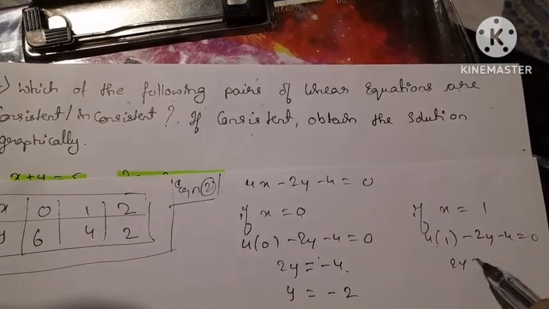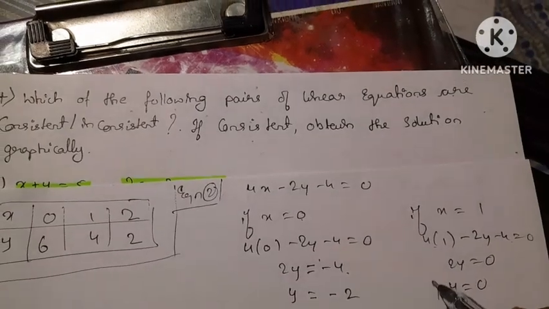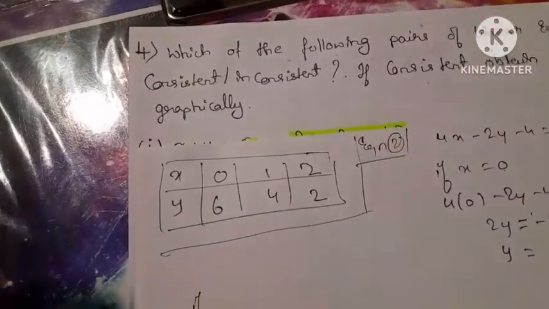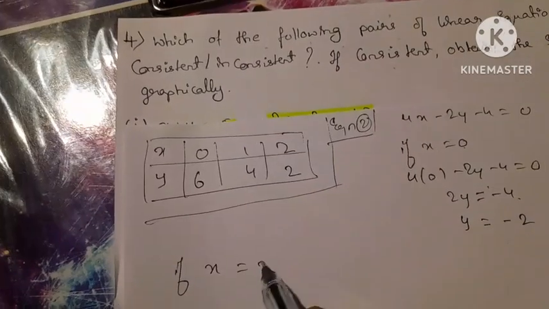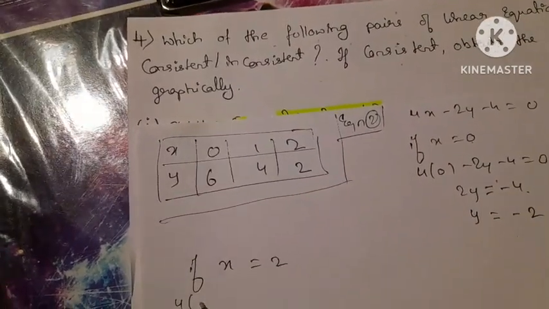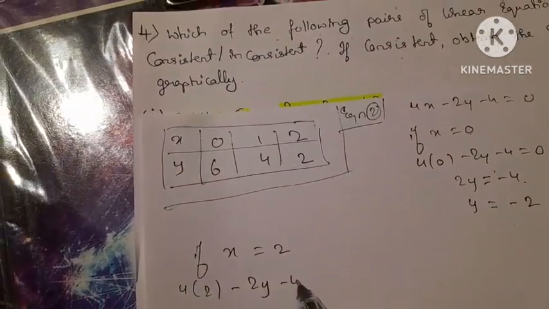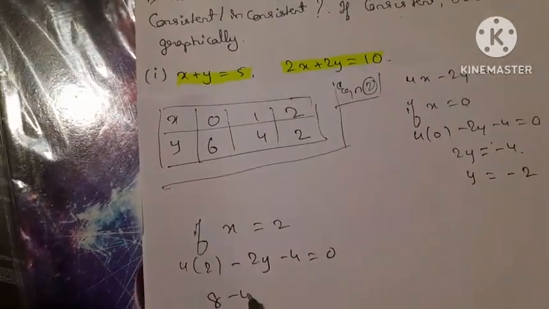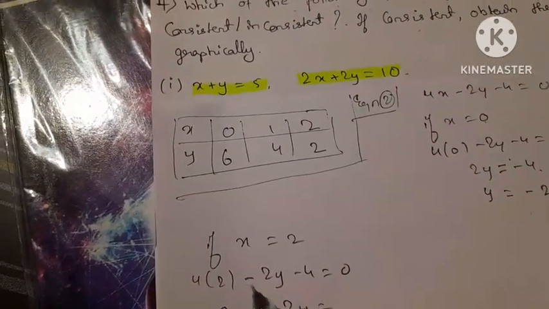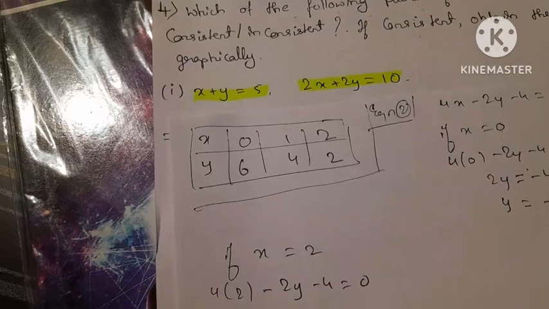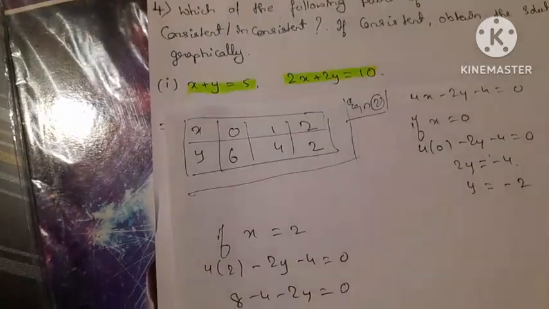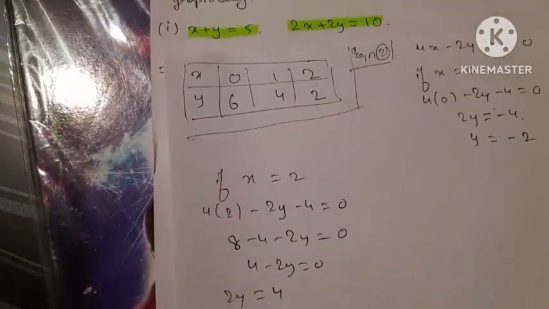So 2y equal to 0, then y will be equal to 0. And if x is equal to 2, 4 into 2 minus 2y minus 4 equal to 0. 8 minus 4 minus 2y equal to 0. I'll just keep it here. So 4 minus 2y equal to 0. 2y equal to 4. y equal to 2.